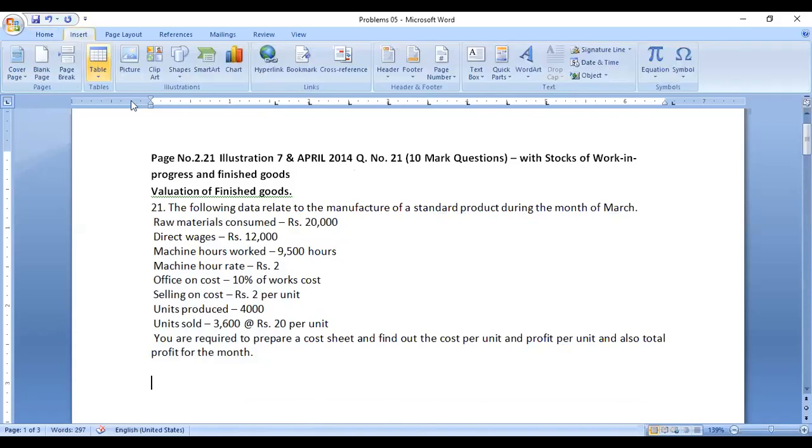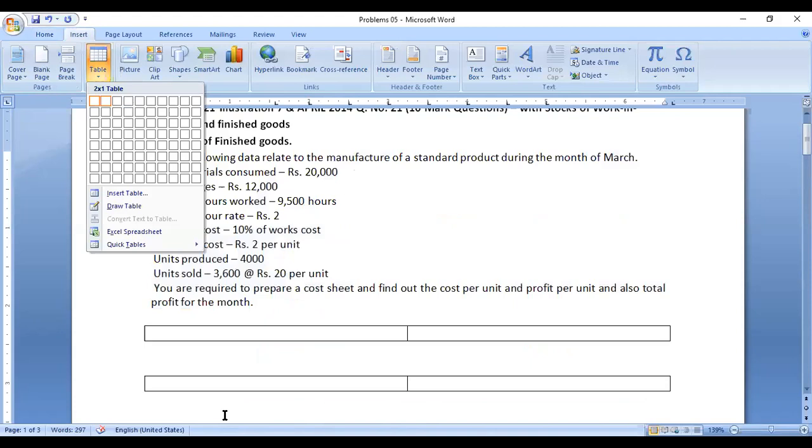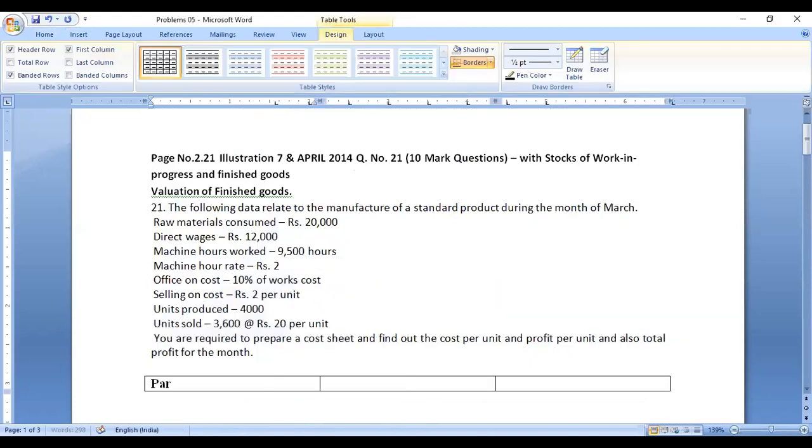One is particulars, and another one is per unit, rupees and paise per unit. The next column is the total cost column in rupees.